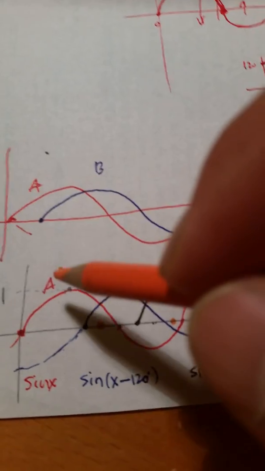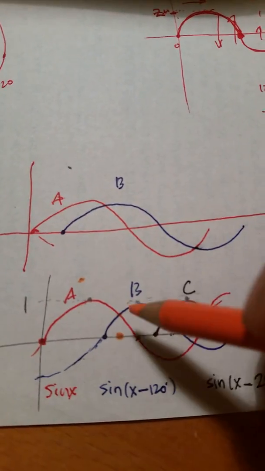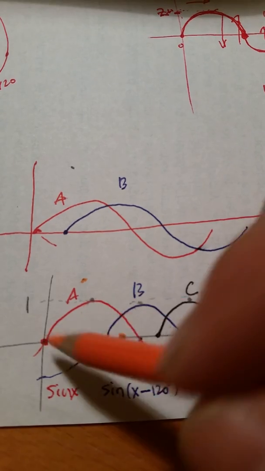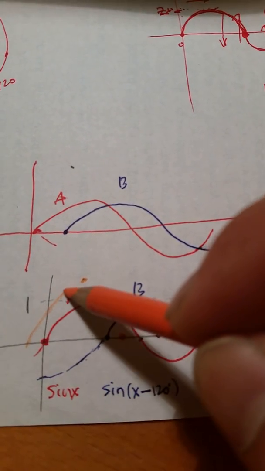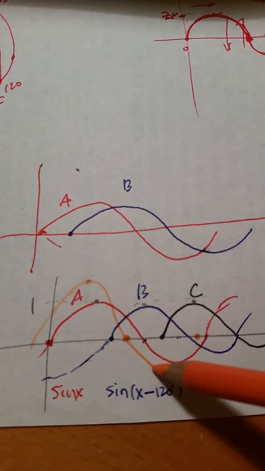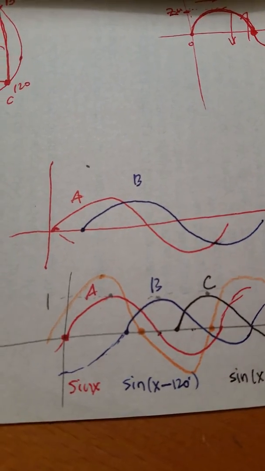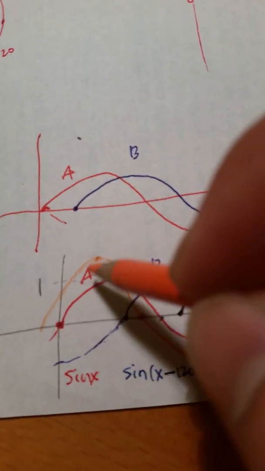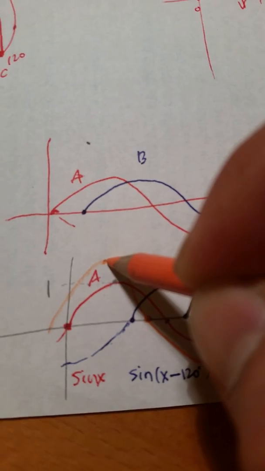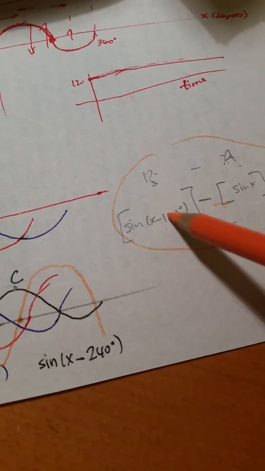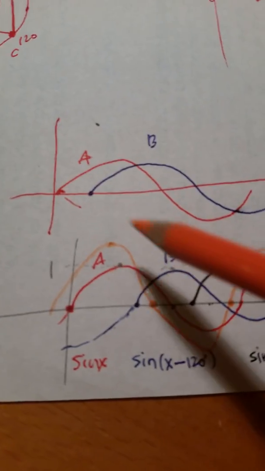So interestingly enough, what happens when you graph this phase minus this phase, you get a perfect sine wave. This orange sine wave represents the phase to phase, so B phase minus A phase.